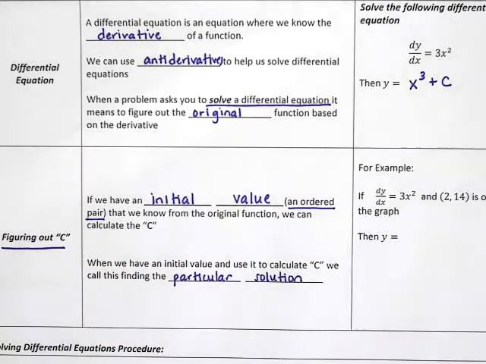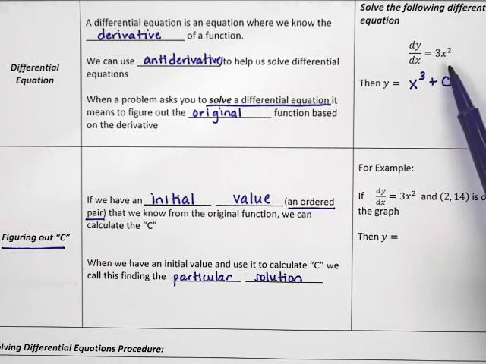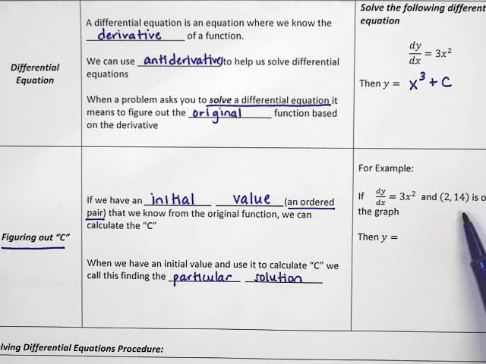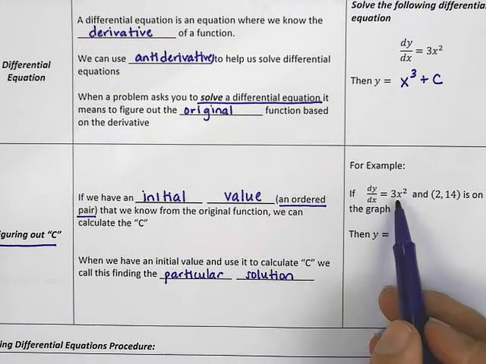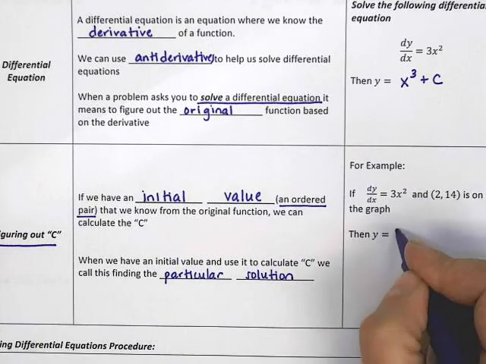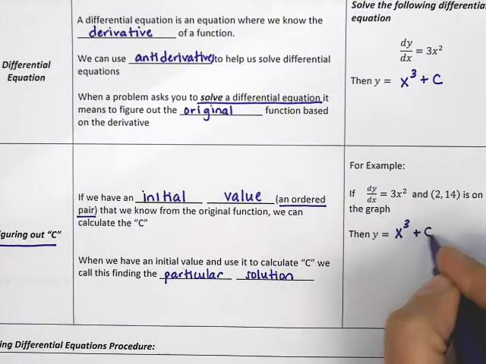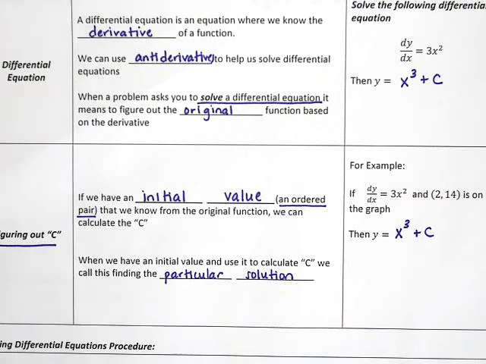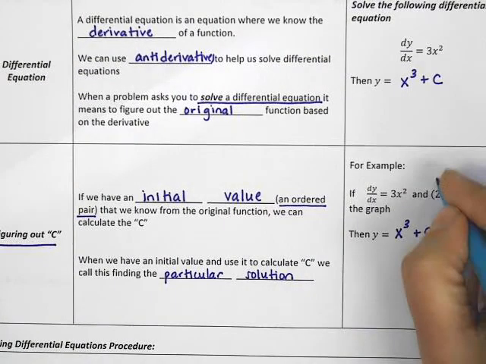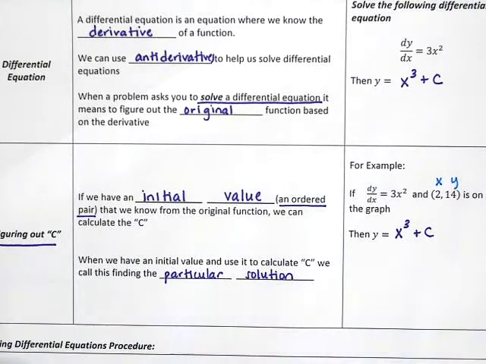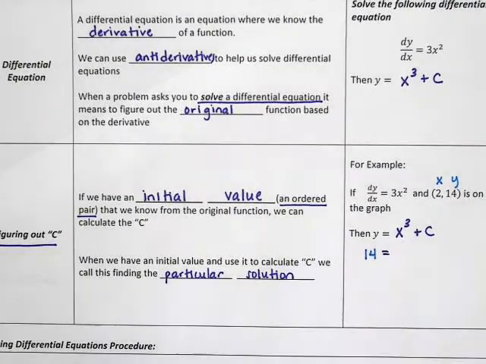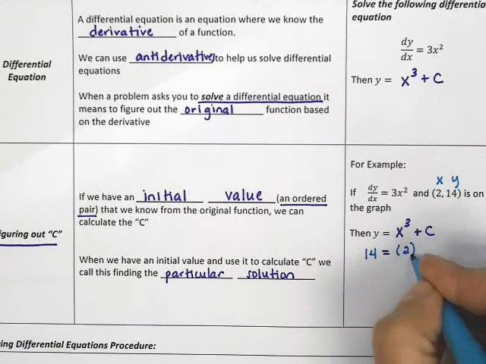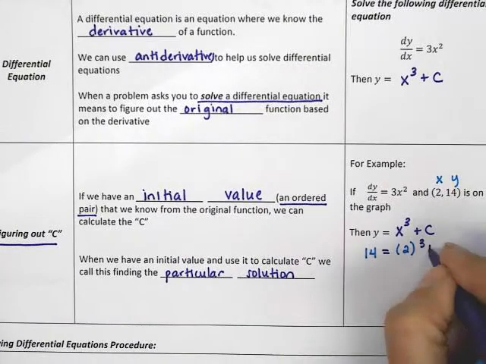So for example, if I told you in addition to knowing the derivative was 3x squared, we also knew that the original function crossed through the point (2, 14), then what we would be able to do is say, well, if the derivative is 3x squared, then the original would be x cubed plus c. And then we would be able to take this x and y value and substitute them into this equation. So we would have 14 equals, and instead of x we would have 2 cubed plus c.